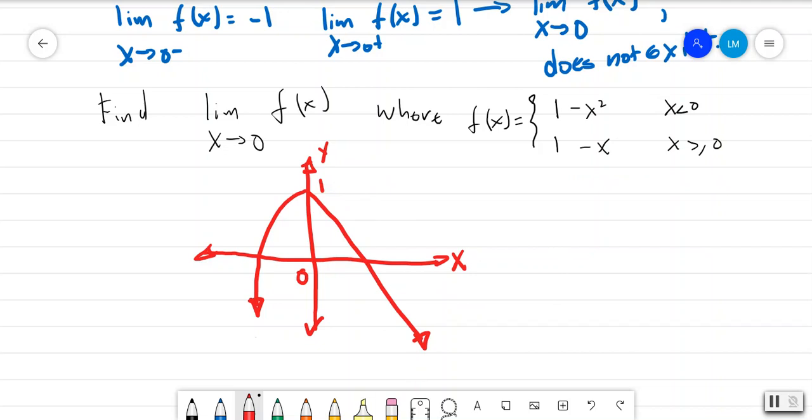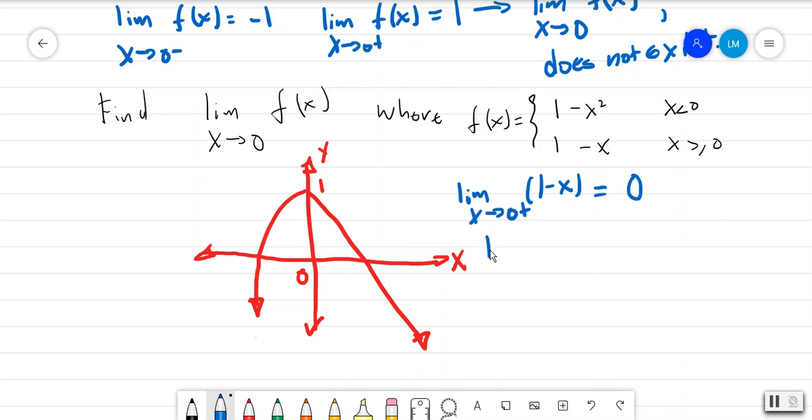So based on this information, I have the limit as x approaches 0 from the right side. The right side would be the bottom rule, so 1 minus x, which gives us 1 based on the graph.